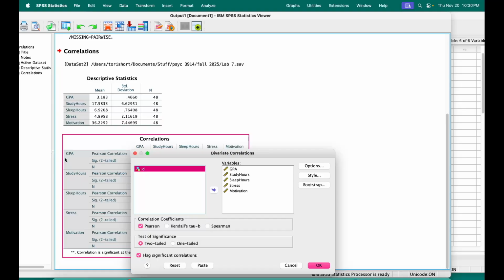So if you had, say, two different stress scales and they had a 1.0 correlation coefficient or Pearson correlation, that would suggest you're essentially measuring the same thing, even if they're labeled as different variables.